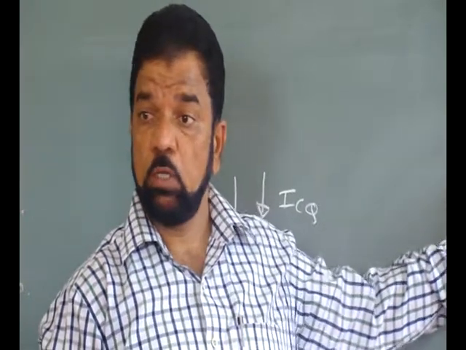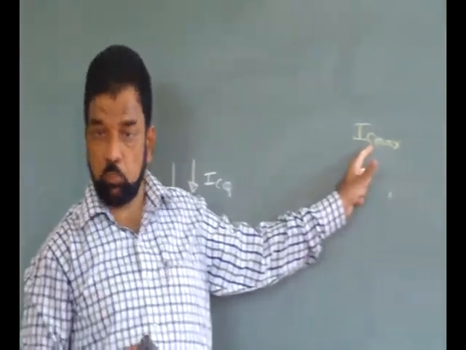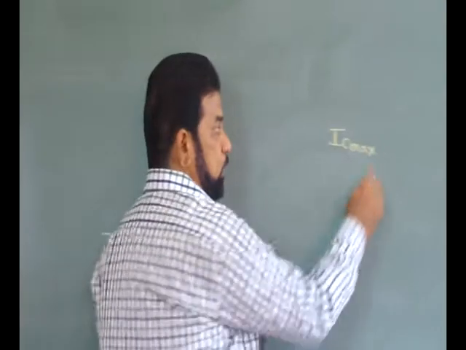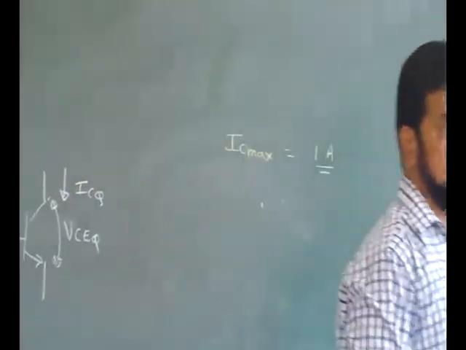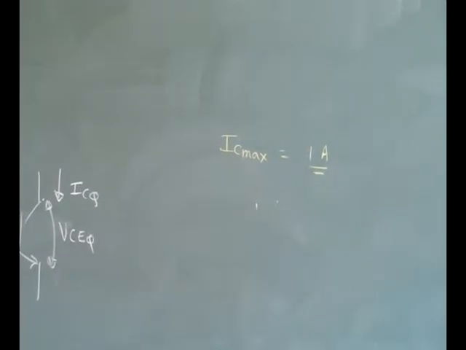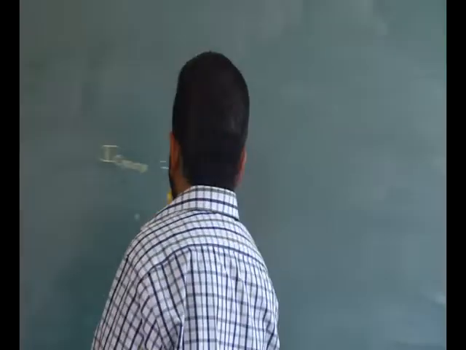So this is the specification of the transistor, and when I write this value as, say, 1 ampere, that 1 ampere is the rating of the collector. So many times you are not bothering about specifications or ratings, and just blindly go for the design.